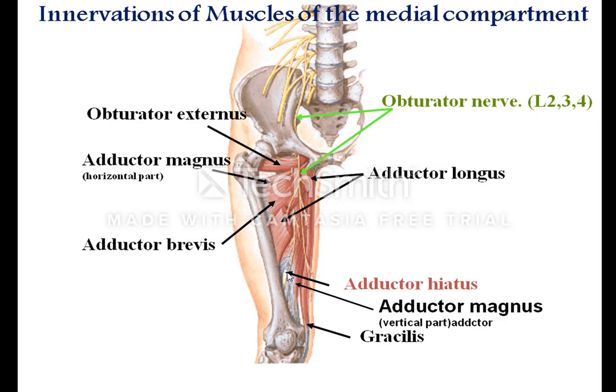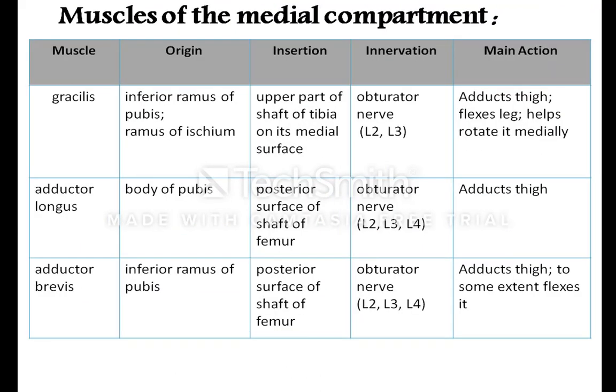It also represents the end of the vessels: the femoral artery ends here and changes its name to popliteal artery, and also the popliteal vein, when entering here, changes into femoral vein. Okay, so it's a very important point, this hiatus. So these are the muscles.